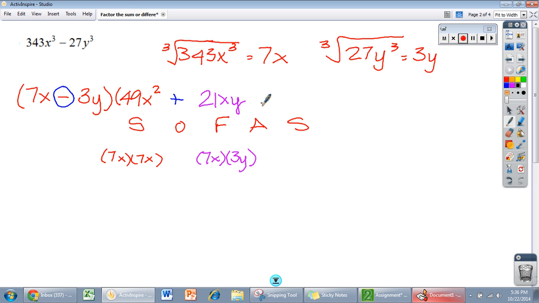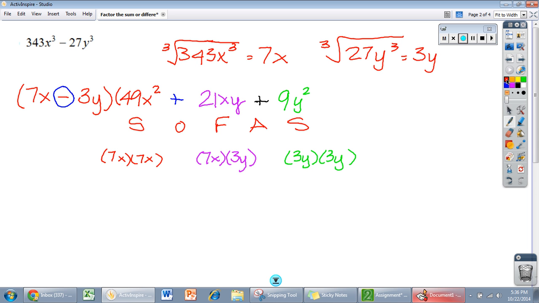The A stands for always add. And then the S for the last one is square your last term. The last term's 3y, so 3y times 3y. 3 times 3 is 9. Y times y is y squared.